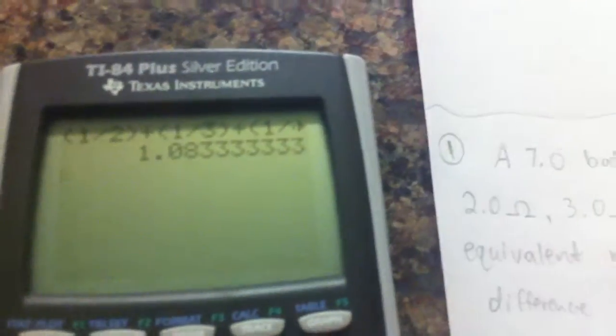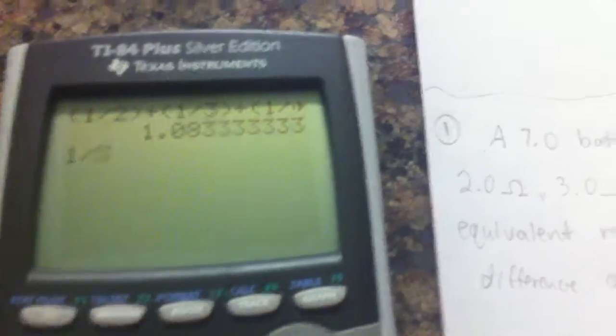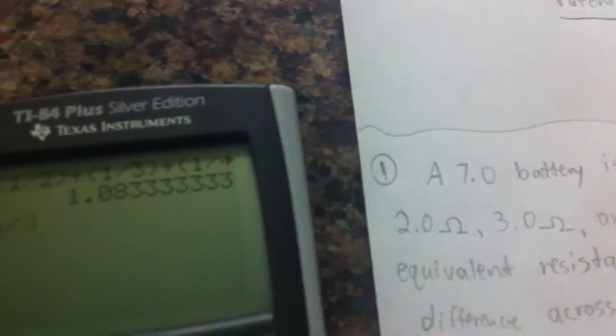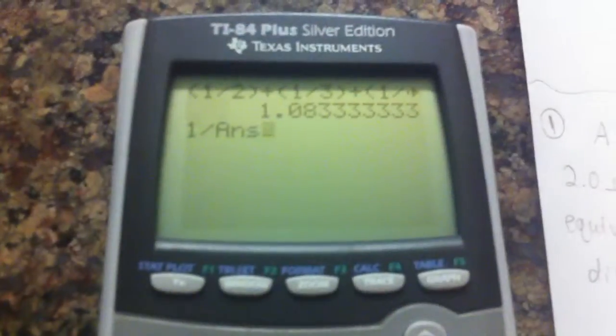And we get that value, and now we just have to divide that by 1. Oh, whoops. We have to divide that by 1 there. And there we go. That is our equivalent resistance.